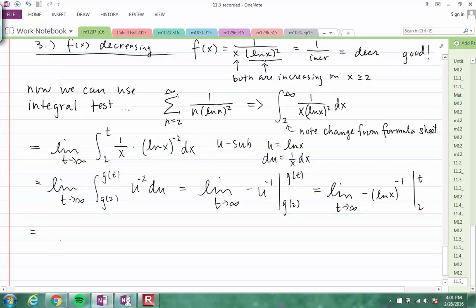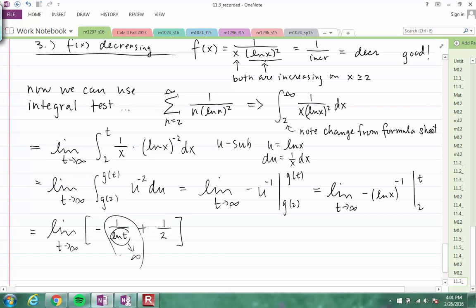Now plugging in, we have the limit as t goes to infinity of negative 1 over ln t minus a negative, so plus overall, 1 over 2. As t goes to infinity, ln t also goes to infinity.